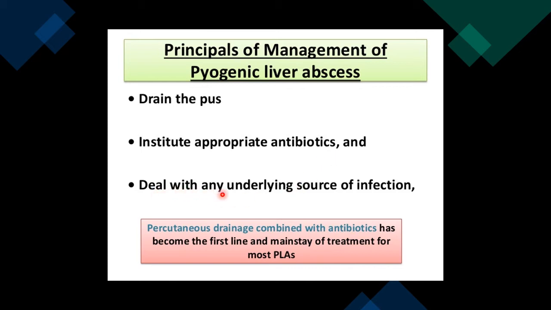And then you have to deal with the underlying source of infection. If it comes from cholecystitis, then the gallbladder has to be removed. In summary, percutaneous drainage combined with antibiotics has become the first line and mainstay of treatment for most pyogenic liver abscesses today.